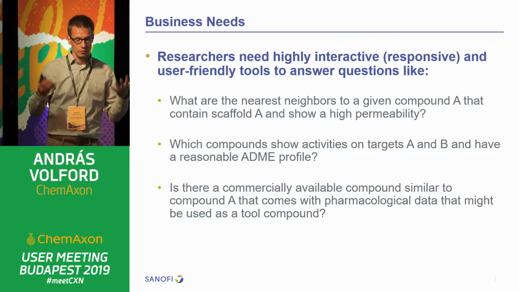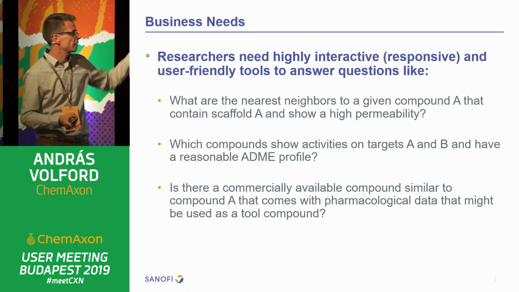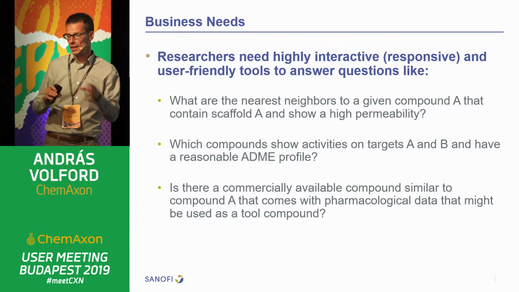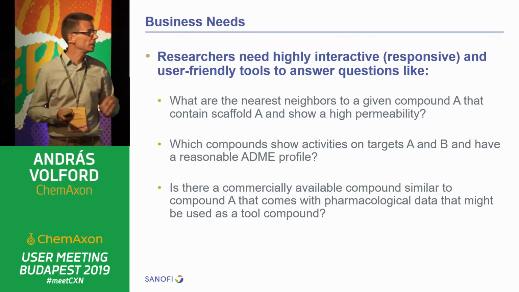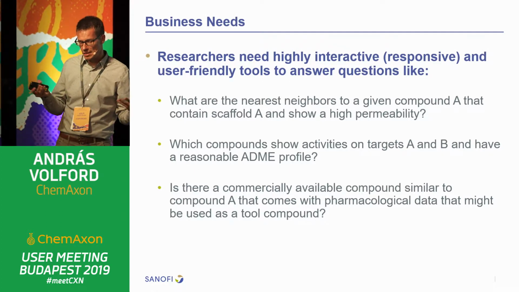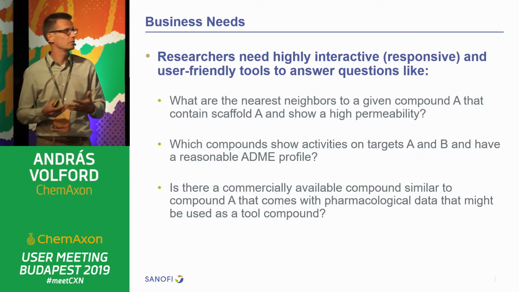What was the need from the users? For example, they had questions like this: I have a compound A, and this compound A shares a common scaffold with compound B, they are very close to each other, nearest neighbors, and compound B has very good permeability, for example.